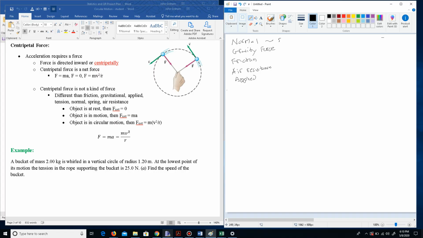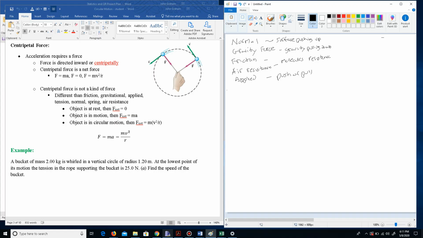This is a surface pushing up, or gravity pulling down, or for these, the molecules resisting, or some object being pushed, some push or pull. Okay? They all have a source.